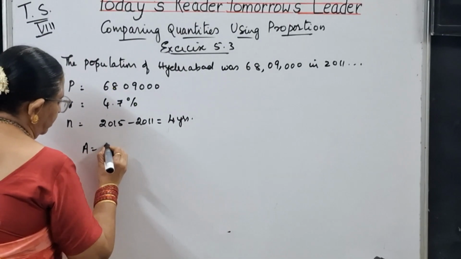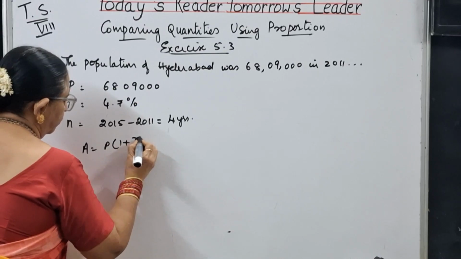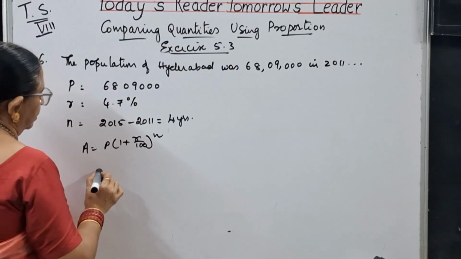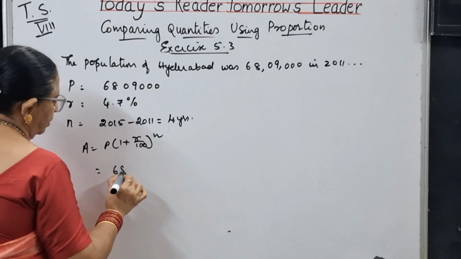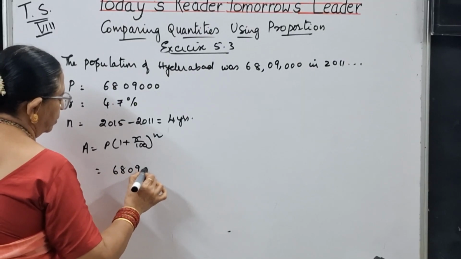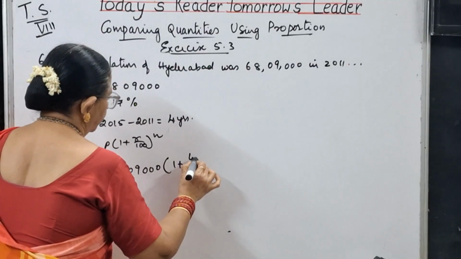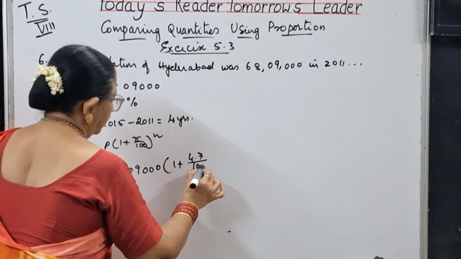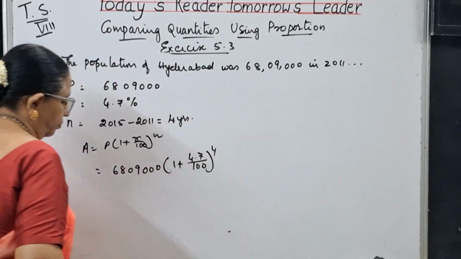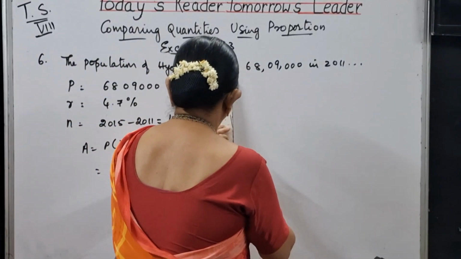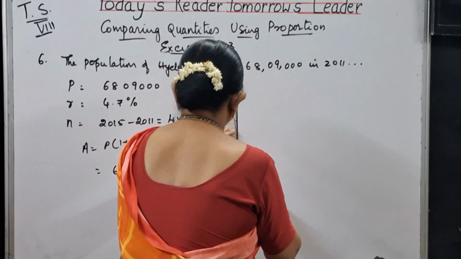So A is equal to P into 1 plus R by 100 whole to the power of n. This formula we need to use. 6809000 into 1 plus 4.7 by 100 whole to the power of 4. So it's a very, very big calculation, children.